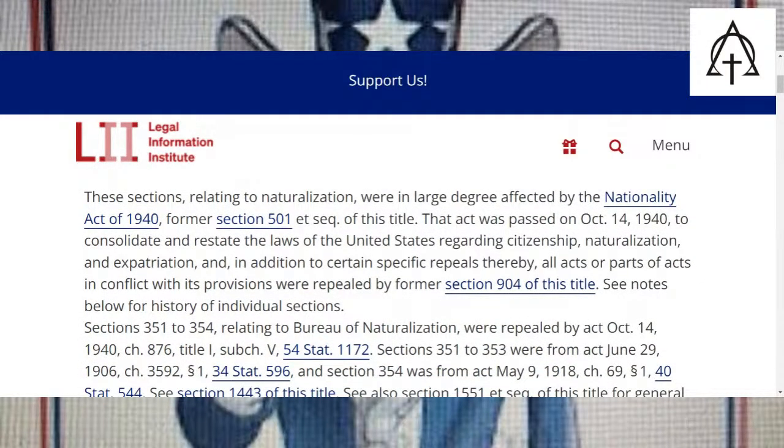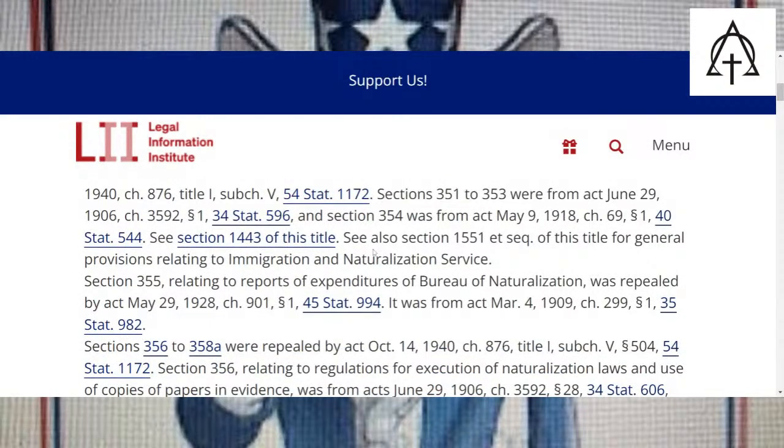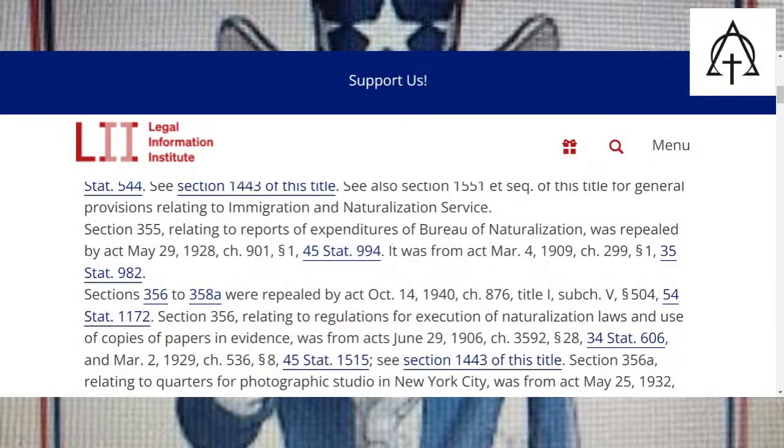That act was passed on October 14, 1940, to consolidate and restate the laws of the United States regarding citizenship, naturalization, and expatriation. And just like the other one, Expenditures of the Bureau of Naturalization was repealed.